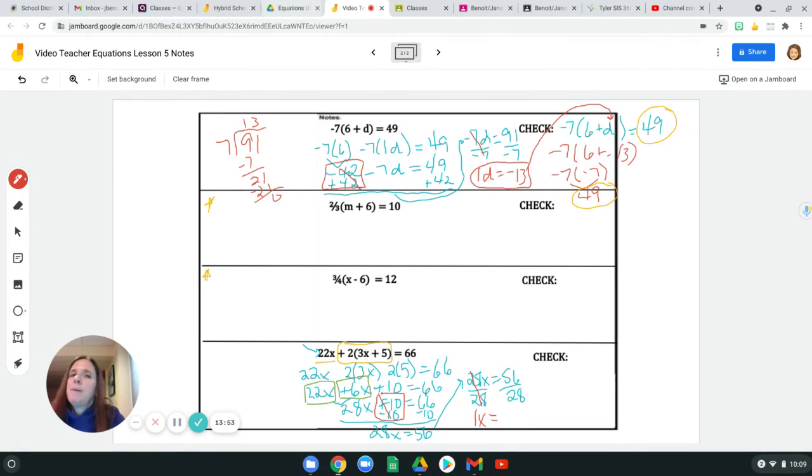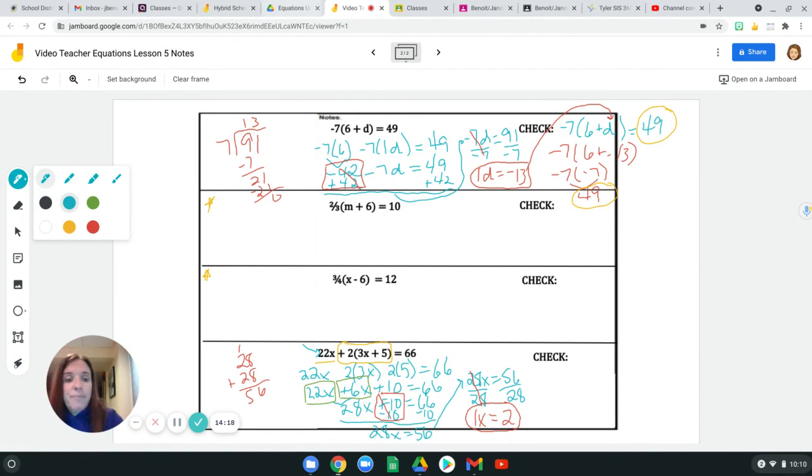What's 56 divided by 28? It's actually 2. 2 28s make 56. You can check that with some side math over here. 28, 28. Yep. Okay, so I think the solution that would make this equation true is 2.